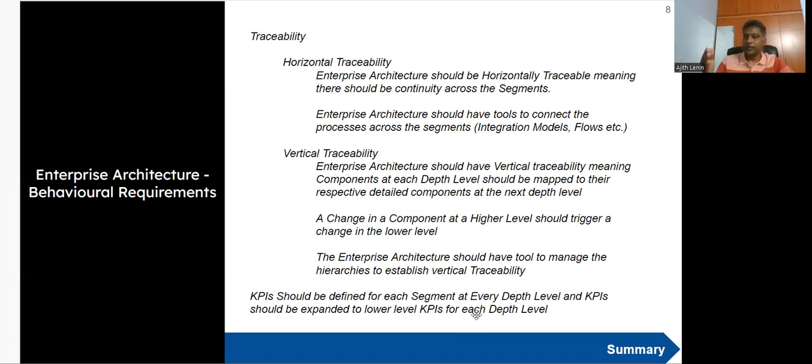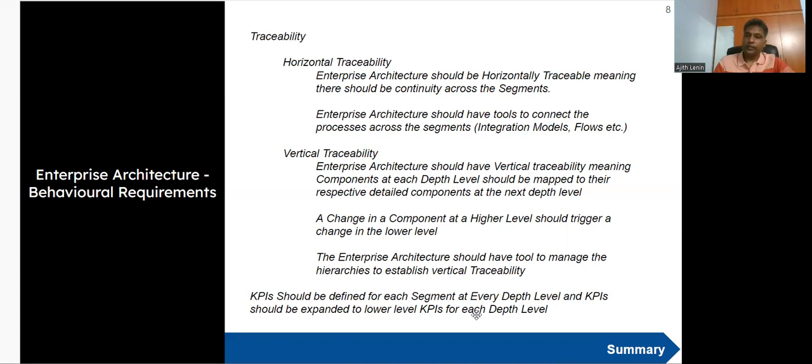That means if I have a process in one segment and it is connected to the next segment, I should have a mapping from these components to that, and a way to traverse from this component to the next. So there should be relationships, whether they are entity relationships or a continuation of the flow. We should be able to have traceability across the breadth, and we need the tools to do that, so it could be integration models, flows, entity relationships, etc.